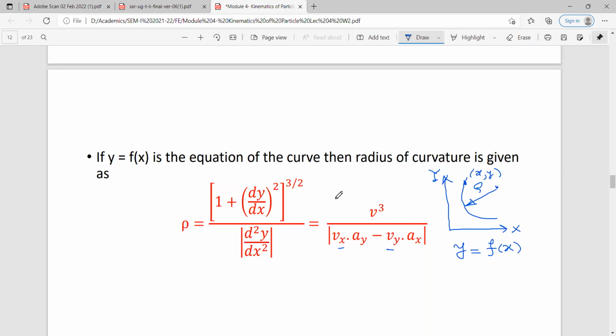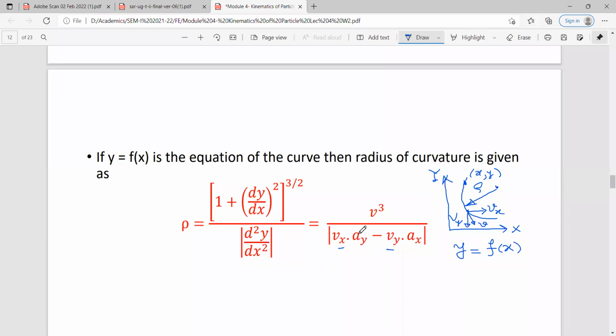So if velocity is acting here like this, the same can be resolved into two components, one along the x-axis, vx, and another along the y-axis.